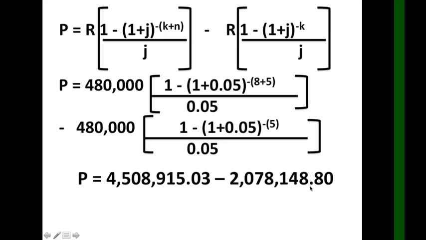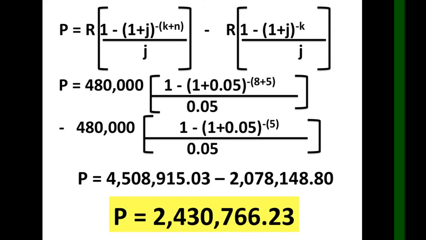Round off your answer to the nearest hundredths or two decimal places. And then subtract the two answers. So you will get 2,430,766.23. That is what they deposited in the bank, which lets them withdraw 480,000 yearly at the end of 6 years.